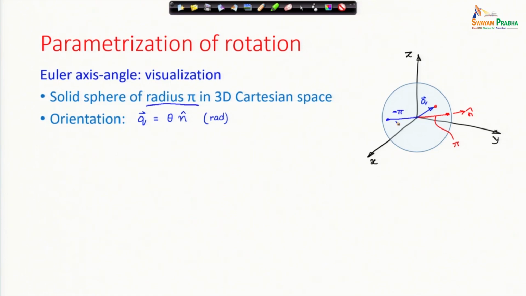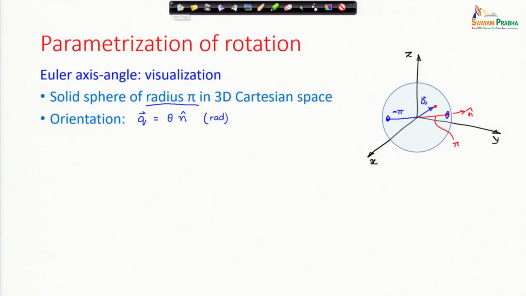Now, just think for a moment, the rotation of a body about any axis by an angle pi radians and minus pi radians will lead you to the same orientation. Therefore, the diametrically opposite points of this sphere are identified, they represent the same orientation. A rotation by pi and a rotation by minus pi about a single axis gives you the same orientation of a body.